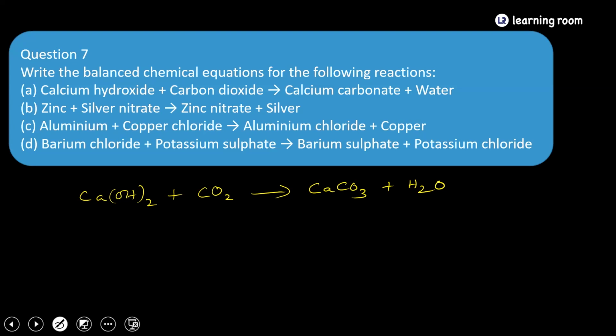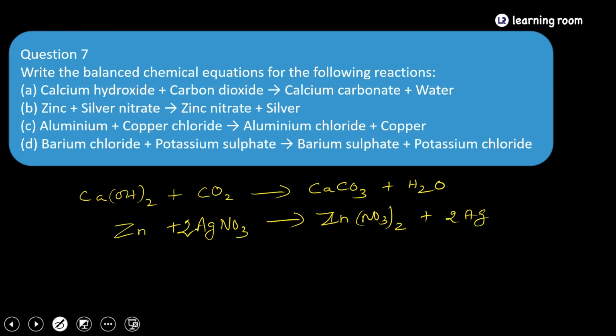Next, zinc plus silver nitrate. What is the formula for zinc? Zn. What is the formula for silver nitrate? AgNO3. And then zinc nitrate plus silver. So zinc gives Zn(NO3)2 plus 2Ag.